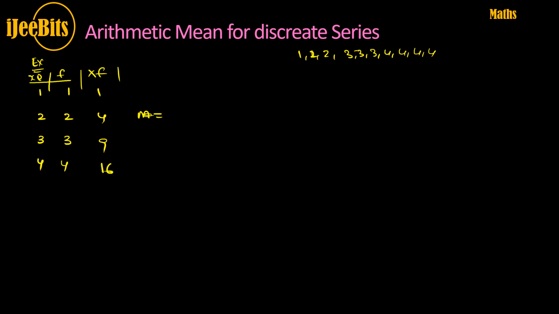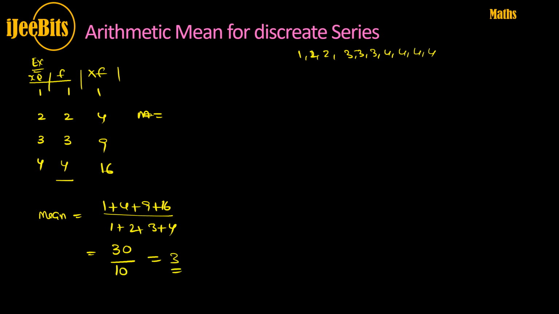So your mean would be sigma xf, 1 plus 4 plus 9 plus 16, divided by sigma f, which is 1 plus 2 plus 3 plus 4. 1 plus 4, 5, 5 plus 9, 14, 14 plus 16, 30. Divided by 1 plus 2, 3, 3 plus 3, 6, plus 4, 10. So the mean would be 3 for the given series.